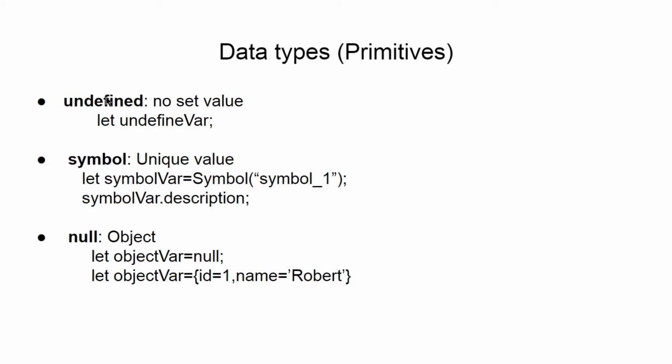And undefined is just a variable that is not defined, or doesn't have any value. That's the difference. If you want to work with objects, the recommendation is to work with this data type.